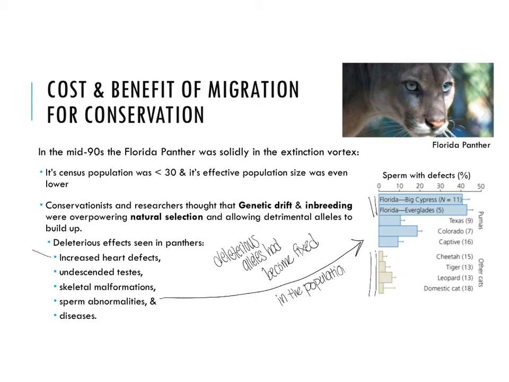And the last challenge that was facing them was diseases. So if they have an effective population size of 8, they're essentially identical genetically. And so they don't have much of a reservoir to adapt to diseases.